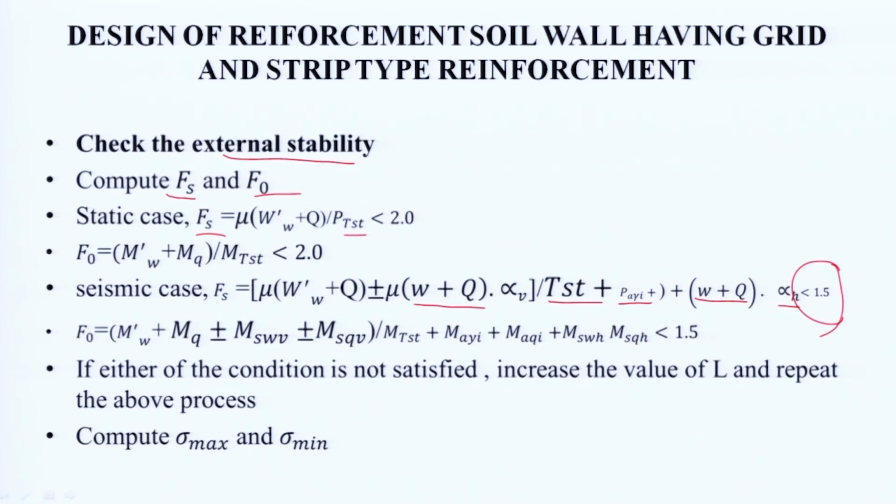So, if either of the conditions is not satisfied, increase the value of L and repeat all the above process. Now compute sigma maximum and sigma minimum.